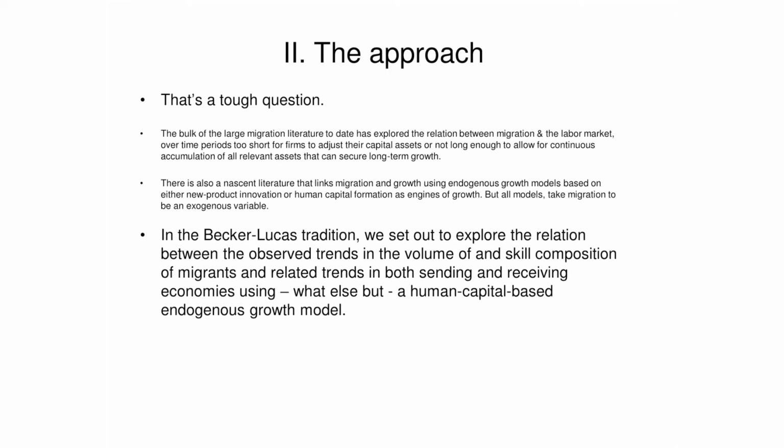But I should say that, in the Becker-Lucas tradition, we're going to start exploring the reasons behind what we see and some aspects or consequences of this pattern of immigration worldwide, but as I said, increasingly so in the United States, to try and explore a human capital-based endogenous growth model to get some of the main patterns and take it from there.